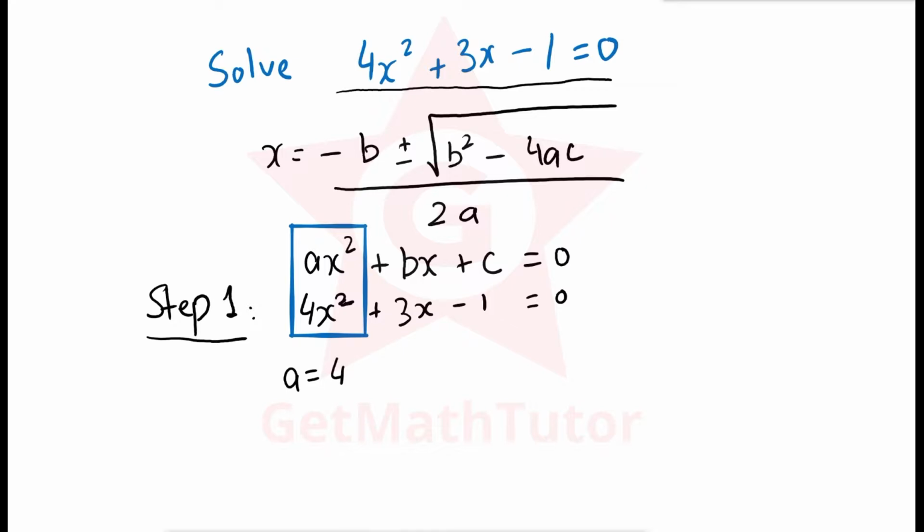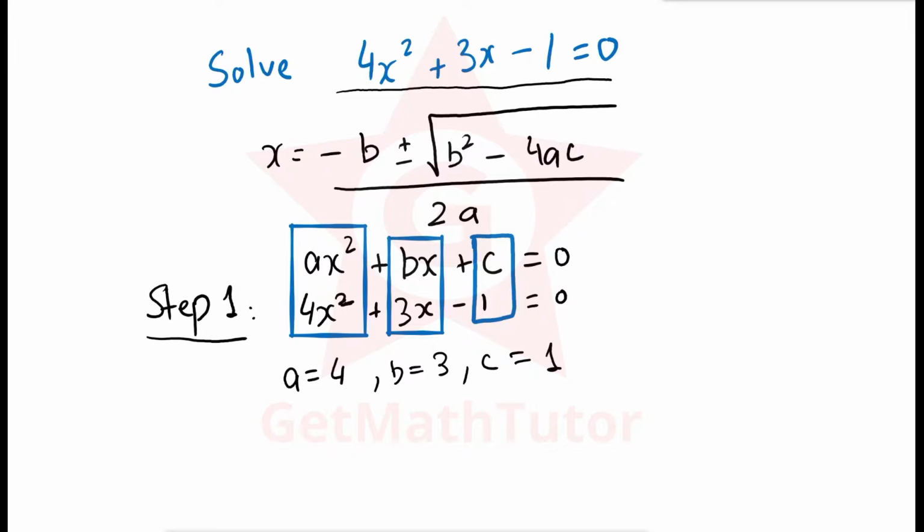Similarly, if we look at the x to the power 1 term, we can easily see that b equals 3. And lastly, if we look at the x to the power 0 term, or the term without x, we can see that c equals minus 1.